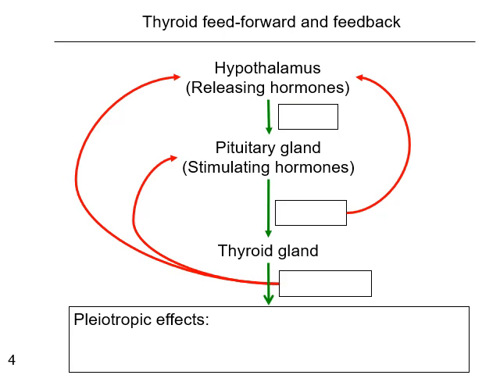So what goes in these blanks? What controls the production of thyroid hormone? Give you a few seconds to do this, and then we'll look at the feed forward and feedback control of thyroid hormone production.